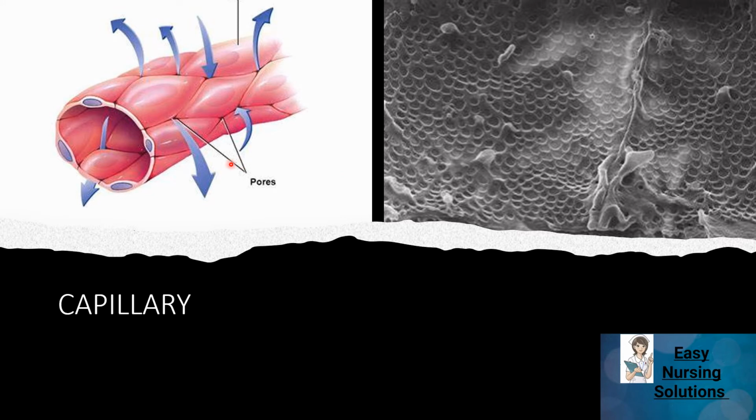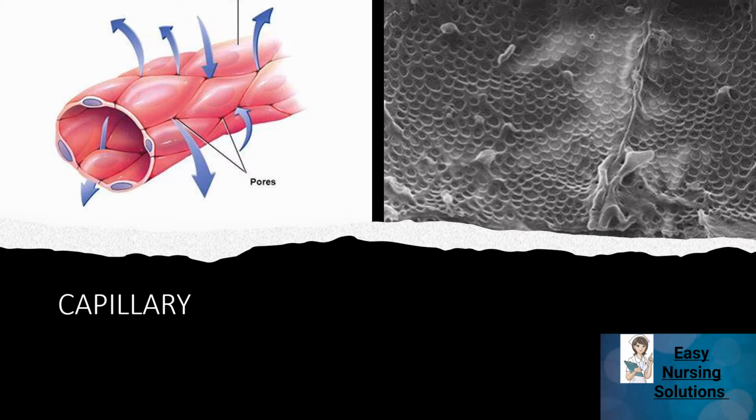Here in this slide you can see the capillaries and the pores. This is the microscopic view of a capillary. The arteries and veins are like pipes in a closed circuit, but the capillaries are different, because they have pores. You can see here the pores, which are known as fenestrations.